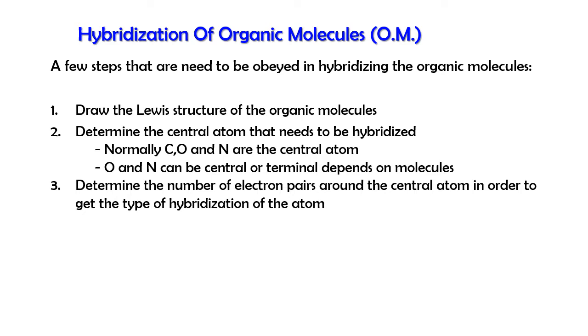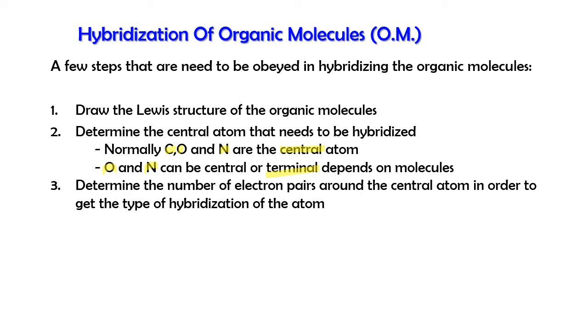Normally, it will involve the central atoms, which are normally C, O and N: carbon, oxygen, and nitrogen. And if oxygen and nitrogen are the terminal atoms, then you need to do the hybridization as well.